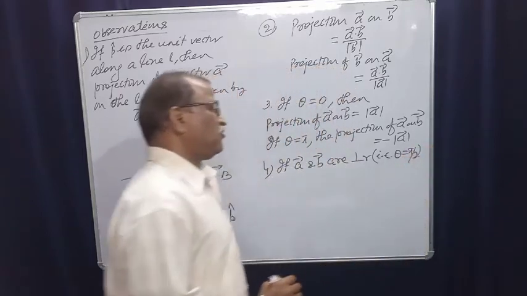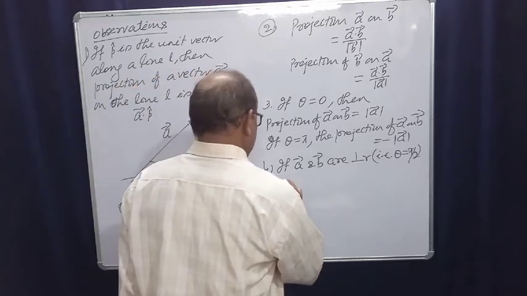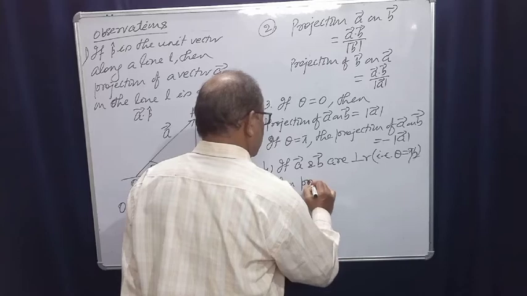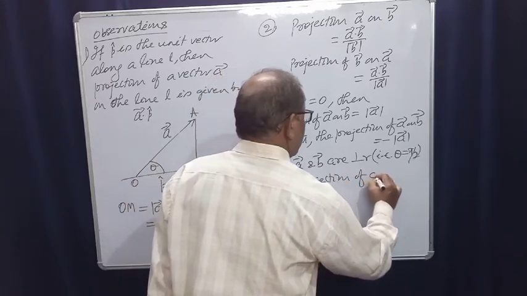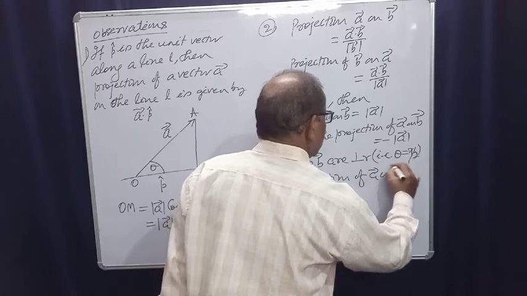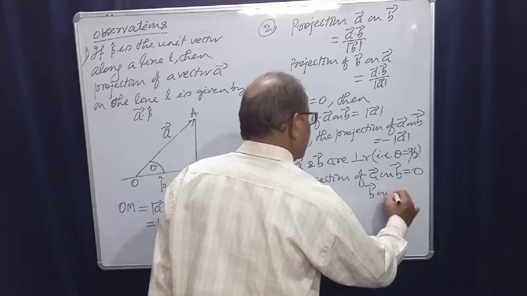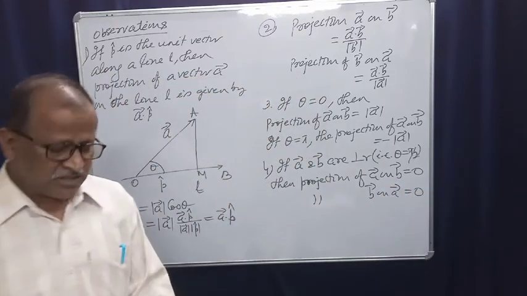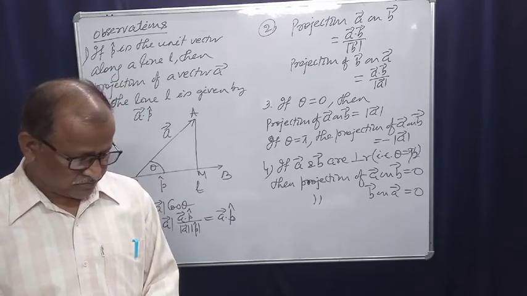Then cos pi by 2 is 0. Then the projection of A on B is equal to 0. The projection of B on A is also 0. So these are the observations.